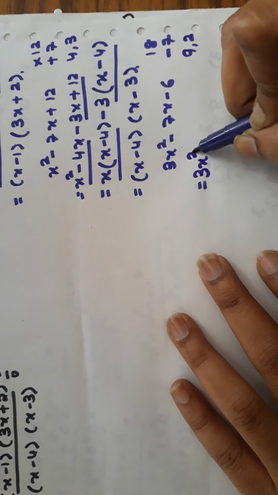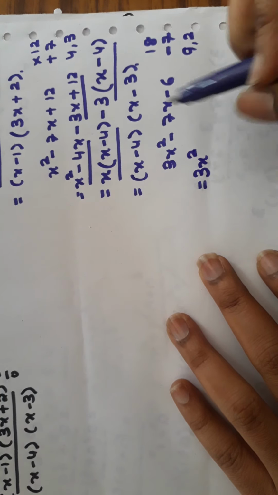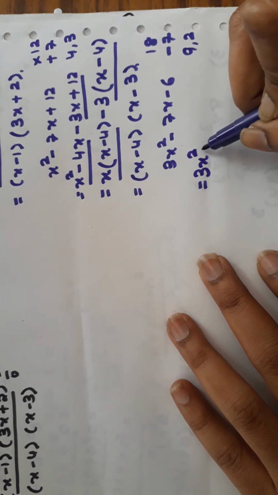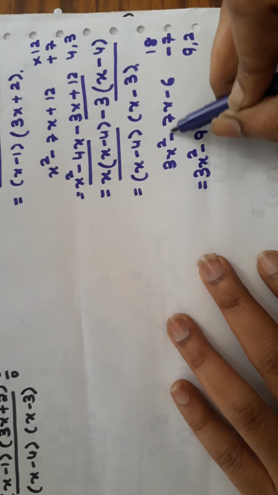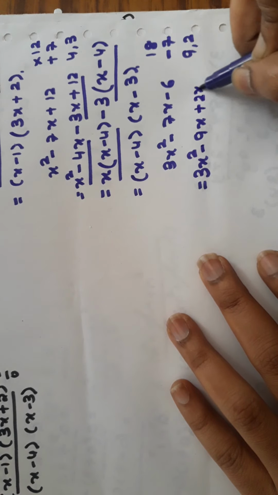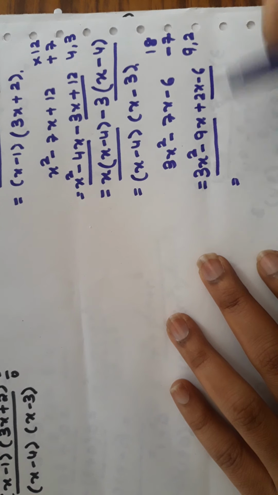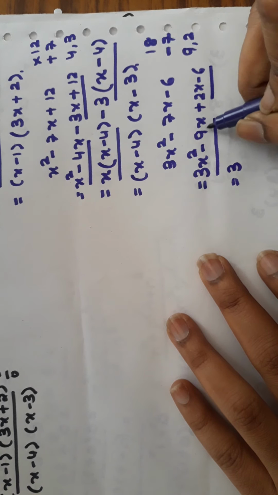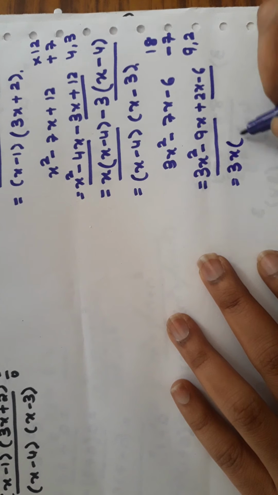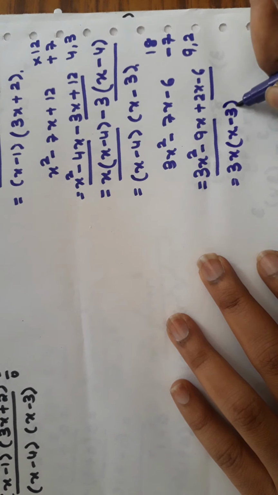Keeping all the terms and signs the same, split the middle term. The bigger number is 9; minus into minus is plus. Pair the first two terms and the last two terms. In the first two terms, 3x is common: x − 3.